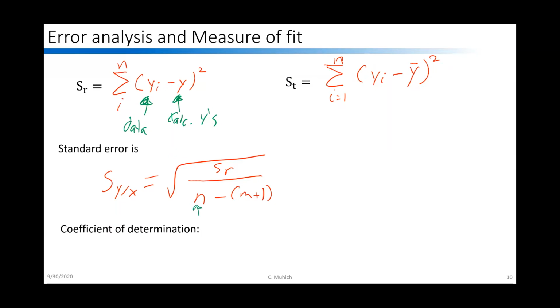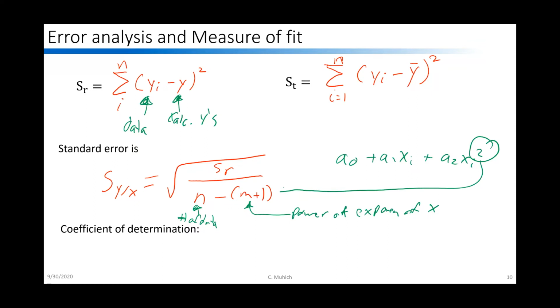Here, n is once again the number of data points, and m is the power of the exponent of x. So remember, we were fitting a0 plus a1 xi plus a2 xi squared.